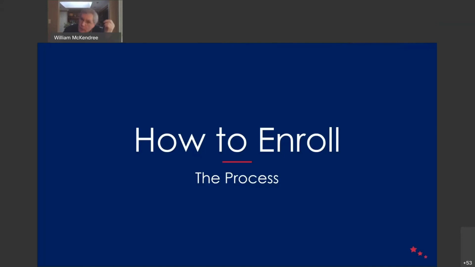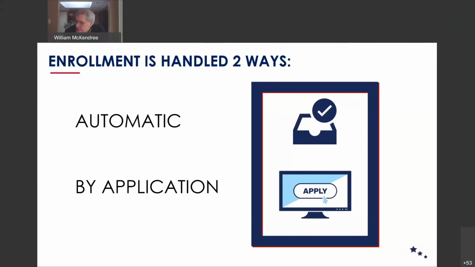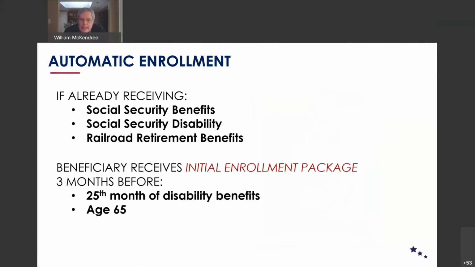So the process of enrolling: how does one get into the Medicare system? How do you navigate through it? Well, it's going to happen one of two ways. Either it's going to be automatic or it's going to be by you taking the initiative of reaching out. It happens automatically if you are already collecting Social Security benefits.